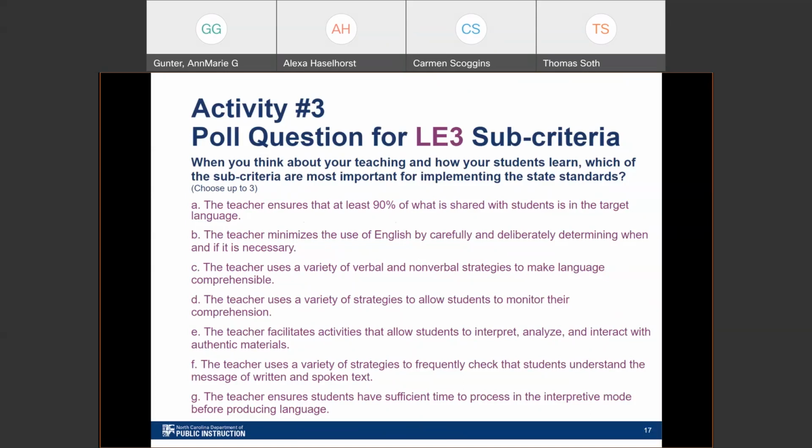I'm going to open this question, and we have a little bit more time to respond, about 2 minutes, so that you can kind of consider this and reflect on which 3 are most important for you. And you don't have to do 3 total, just be up to 3. All right, it's in your control panel. Please go ahead and start putting your responses in when you're ready.